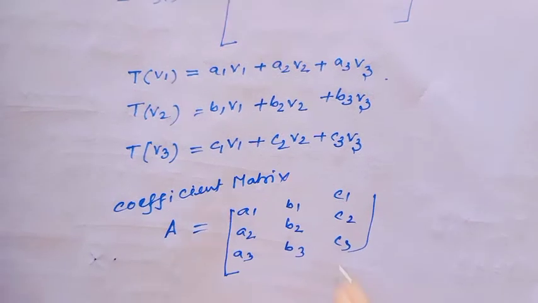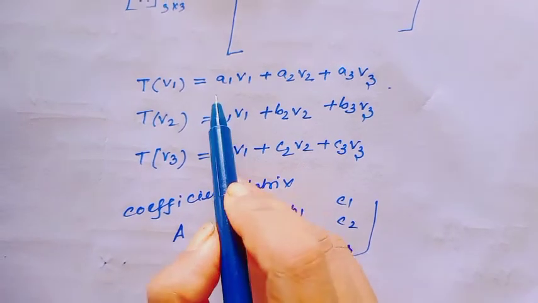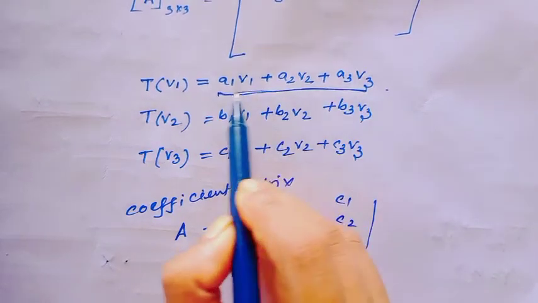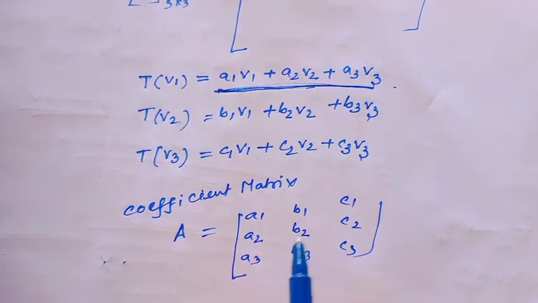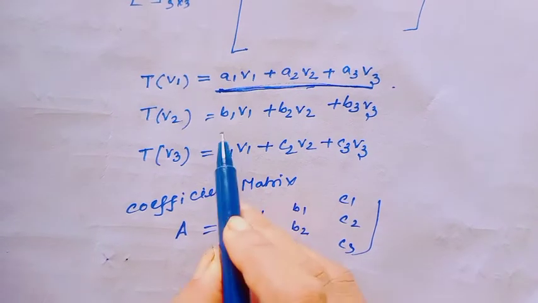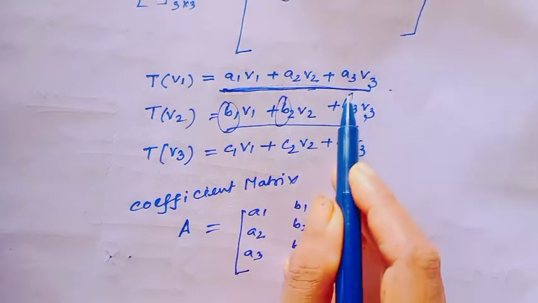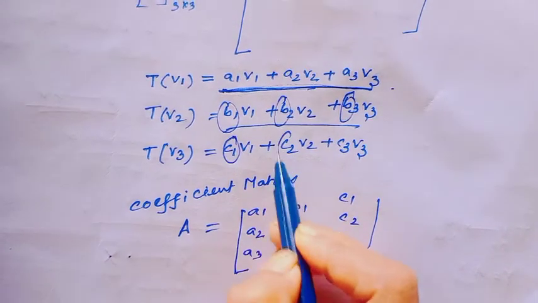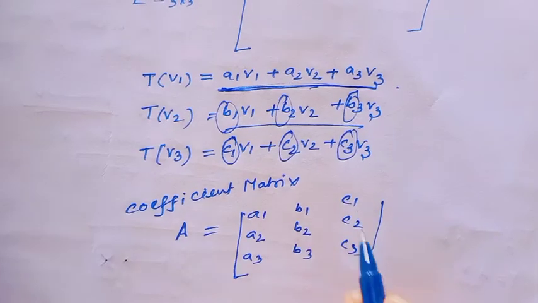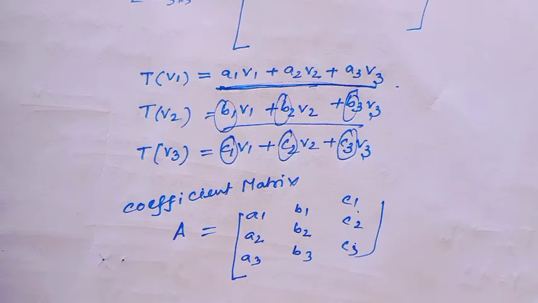The coefficient matrix has the scalars a1, a2, a3 as the first column vector, b1, b2, b3 as the second column vector, and c1, c2, c3 as the third column vector. This is the coefficient matrix.